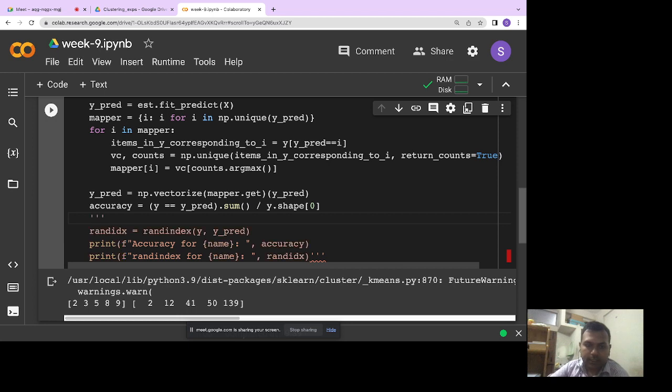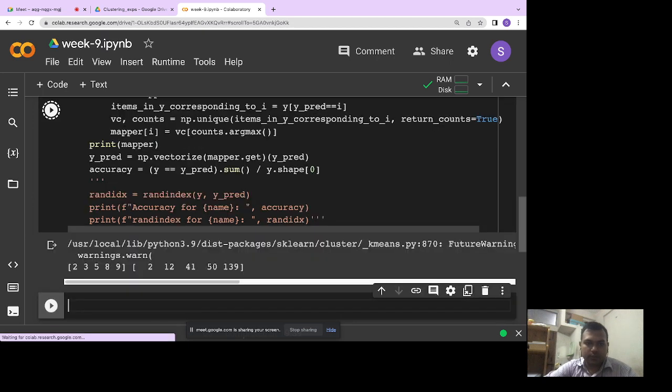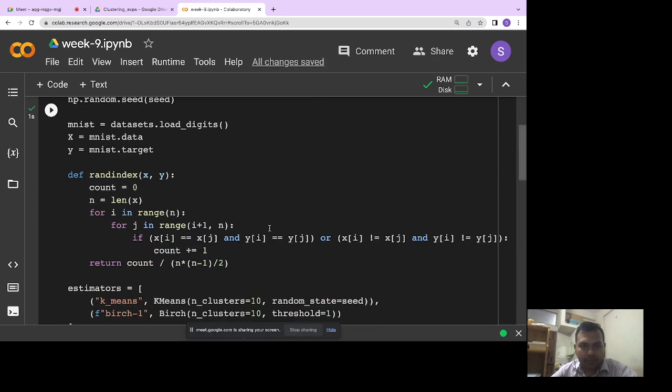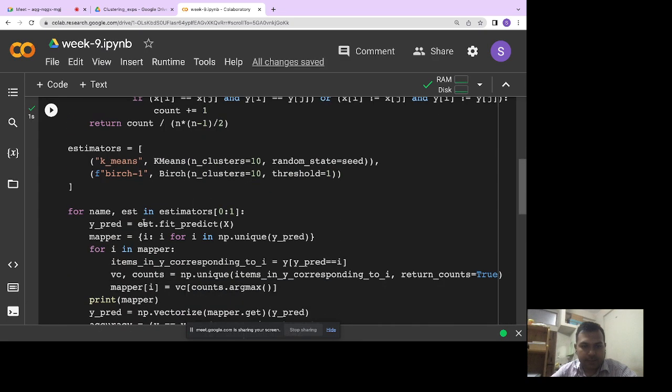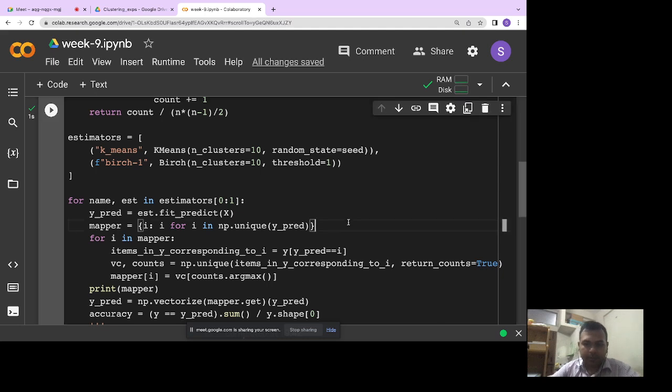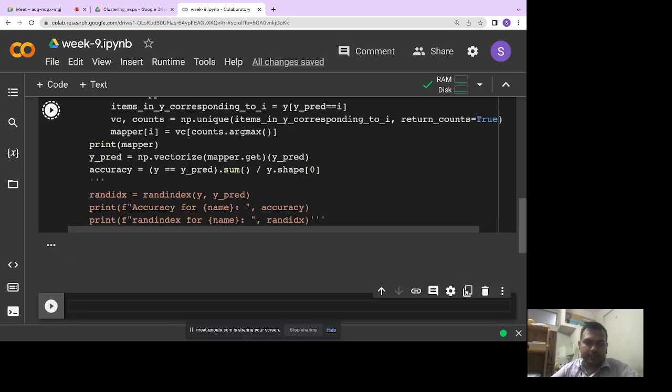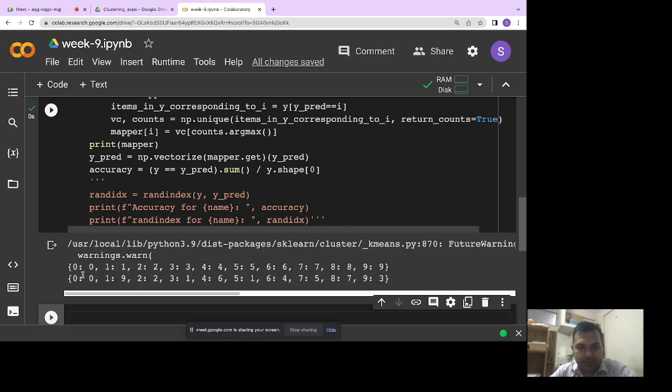After that you just vectorize this. I will first show you how the mapper looks. Before you did all these different things, this was the mapper.